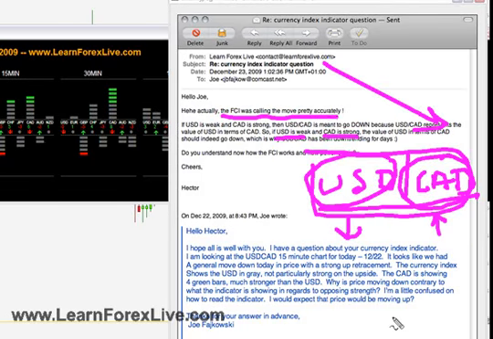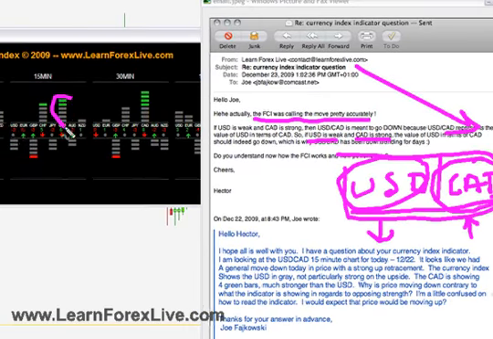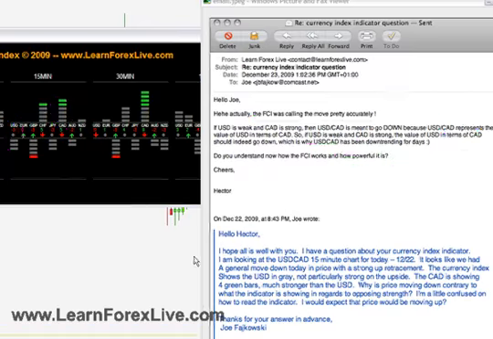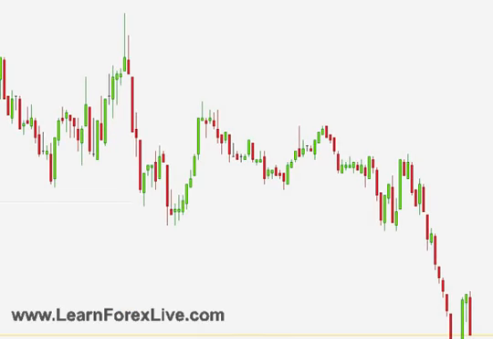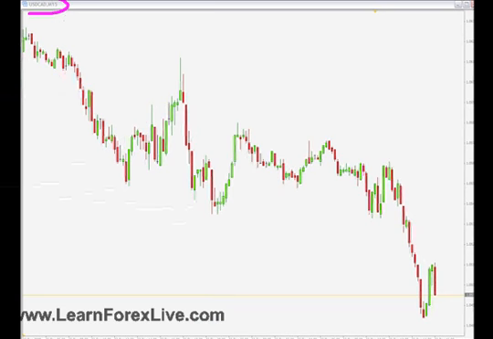You were actually looking to trade the opposite direction of what the Forex currency index was telling you, Joe. What you want to do is to pick up the strongest, the weakest, or one of the weakest, then cross them up together and trade in the direction of the divergence. In this case, you wanted to trade down. In fact, let me pull up the American dollar against the Canadian dollar on the 15 minutes time frame.